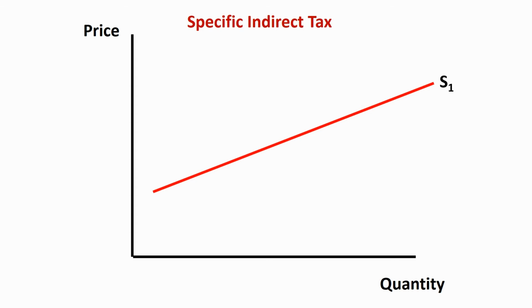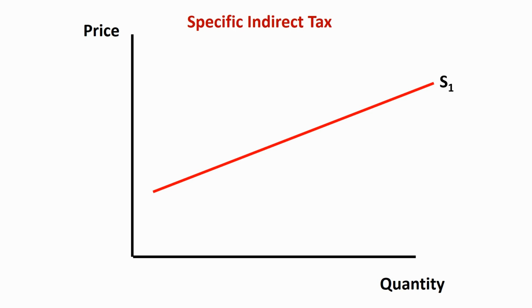As the price of this particular good or service rises, then more and more firms begin to have this profit incentive, which means they join this particular market. However, imagine that the government is seeking to raise revenue. So they apply a specific indirect tax to this particular good or service.